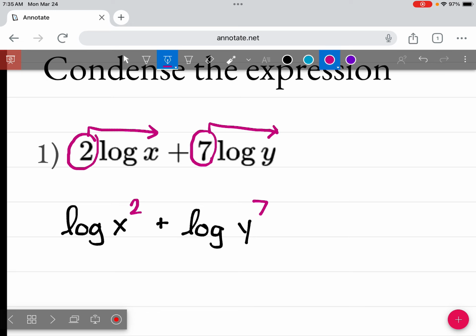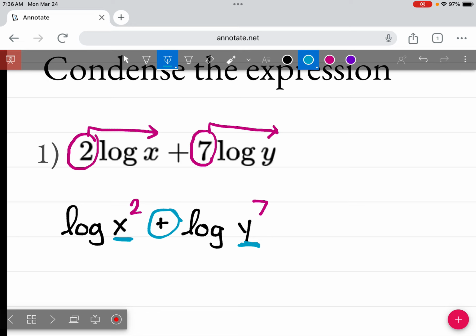Then our next step: addition becomes multiplication. So now we have a piece that's going to change how many logs we have. Our addition is going to become multiplication. That means I need to multiply this piece with this piece.